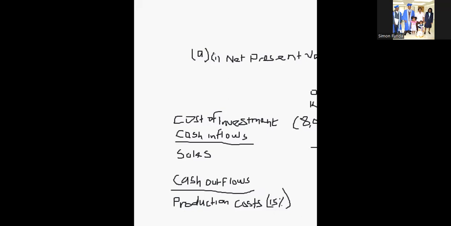Okay, let's calculate. So what is 15%? So 0.15 times 36. So 15% of 36 is 540. Okay.